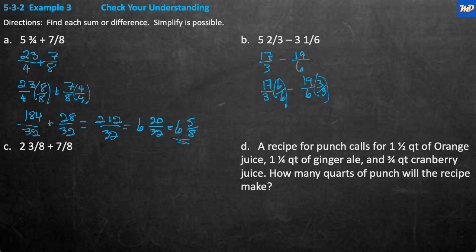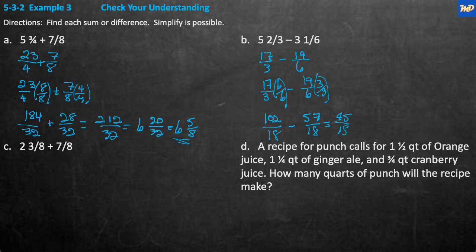And we get 17 times 6, which is 102 eighteenths, minus 6 times 3, 57 eighteenths.